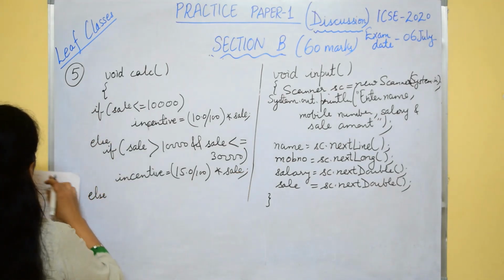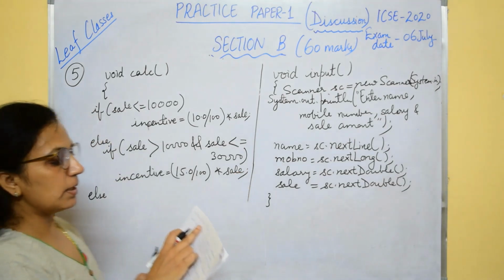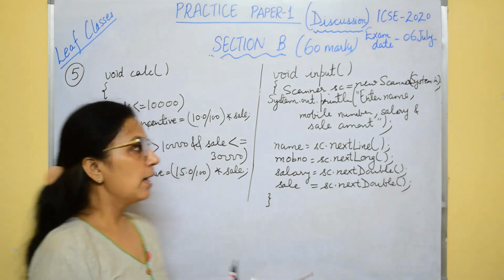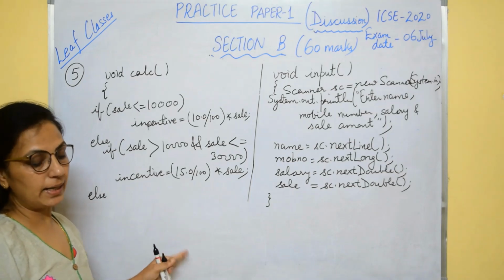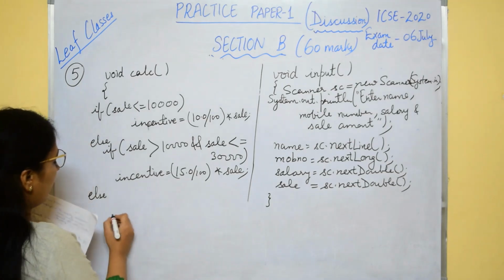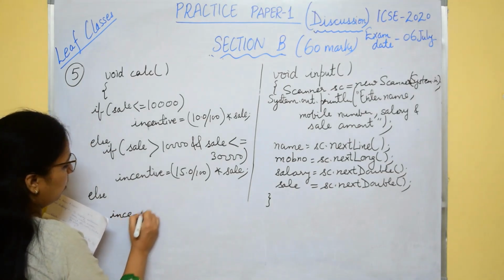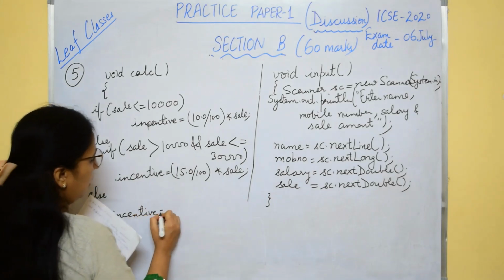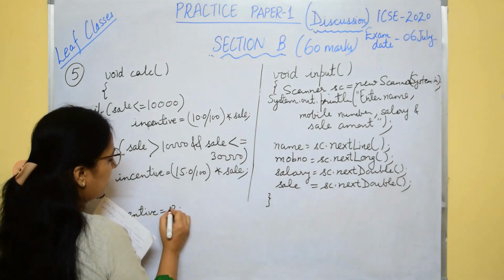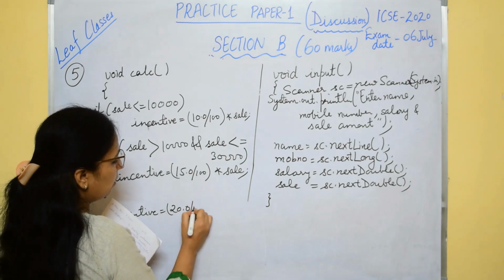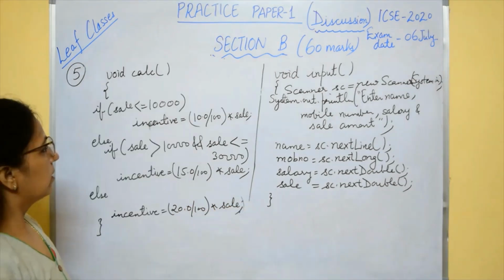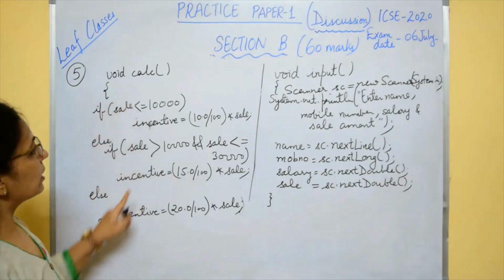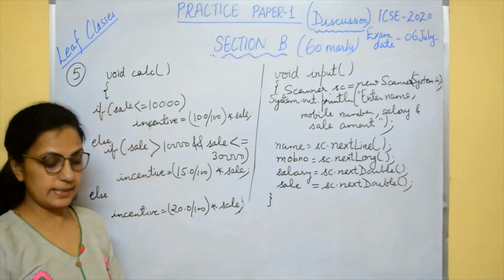Else, the third condition is more than 30,000. So if I put only else without if, automatically that condition will be there. So else incentive equals to 20%, 20.0 by 100 multiplied by sale. So here in calc function we have calculated the incentive.